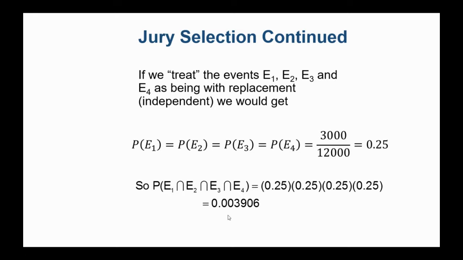And when you do that, you should get 0.003906. Hopefully now you're starting to see why we rounded to 6 decimal places.